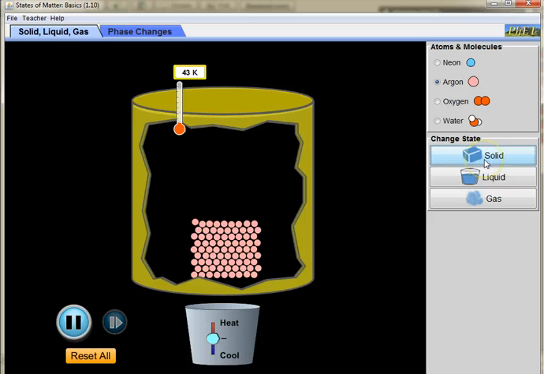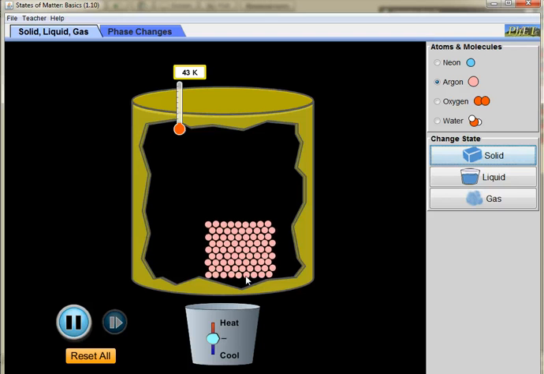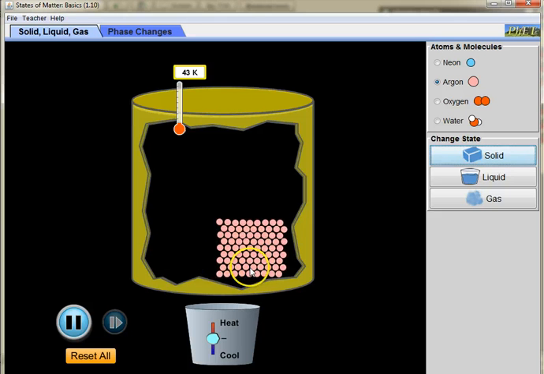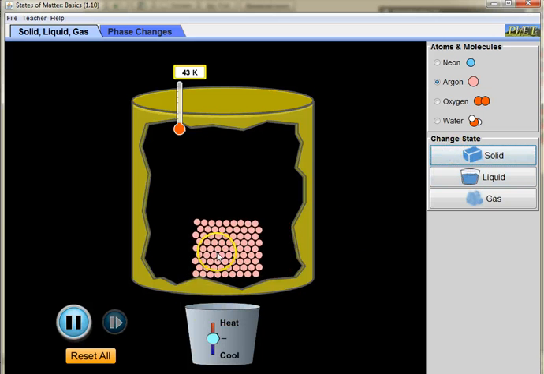Make sure that you click on solid, and what I want you to notice is what is each particle representing here? What is each particle representing here? Is that liquid, solid? It's a solid, obviously, but each particle represents argon, correct?